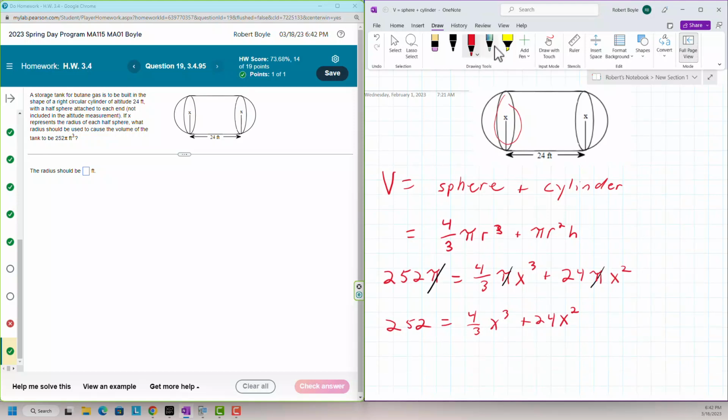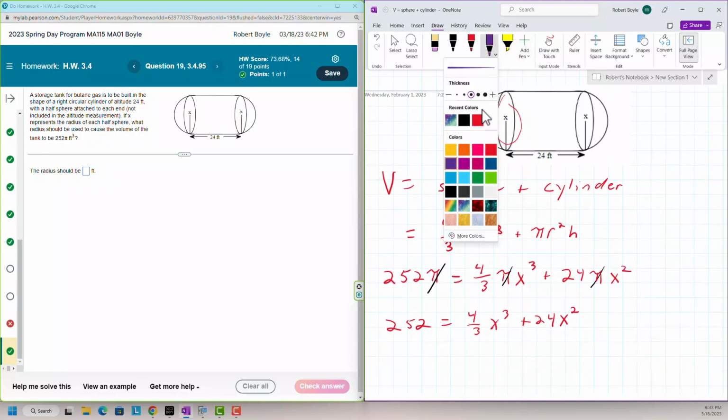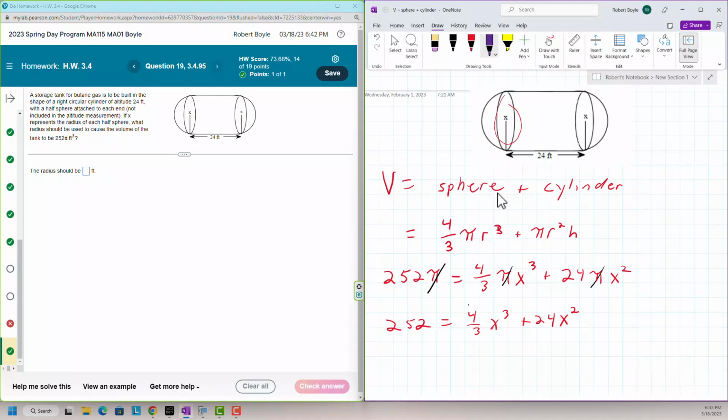Now, one of the things that we can do is get rid of the fraction primarily by multiplying everything by the reciprocal of 4/3, which would be 3/4. So we're going to multiply this side by 3/4, and we're going to multiply this side by 3/4.